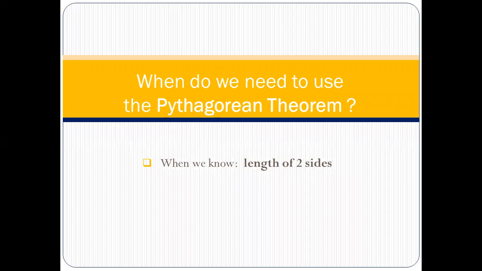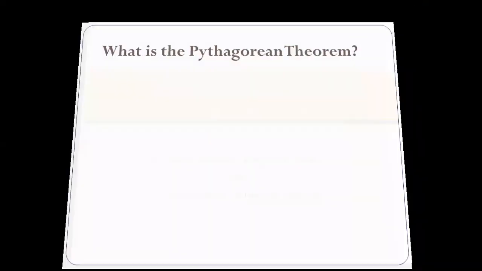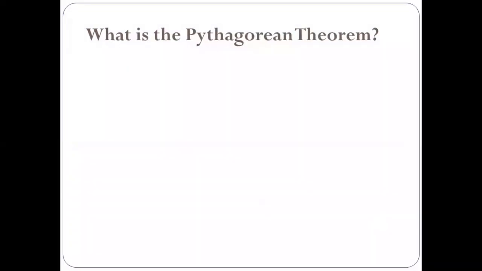When we know the lengths of two sides and need to know the length of the third side of a right angle triangle. It means we are given two sides of a right angle triangle, and one side is unknown. Then we can apply the Pythagoras theorem.